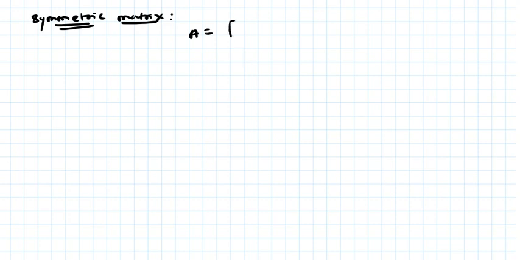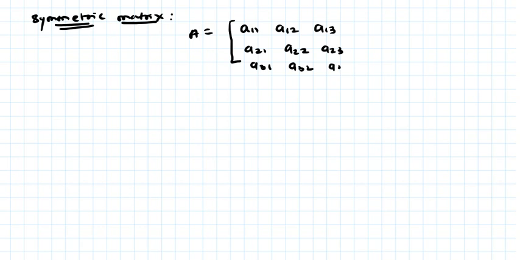Matrix A is A11, A12, A13, A21, A22, A23, then A31, A32, A33. This will be a matrix of order 3 by 3 as it contains 3 rows and 3 columns.